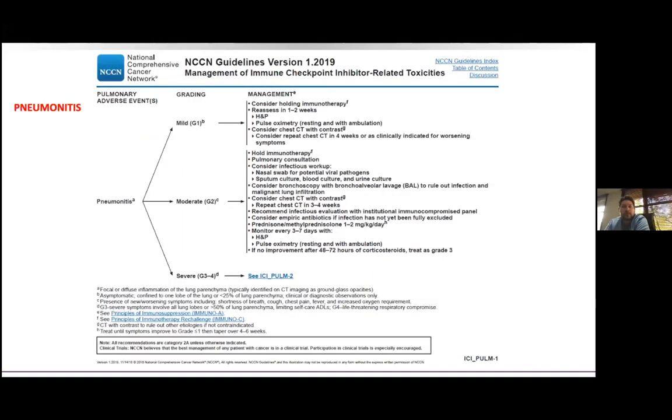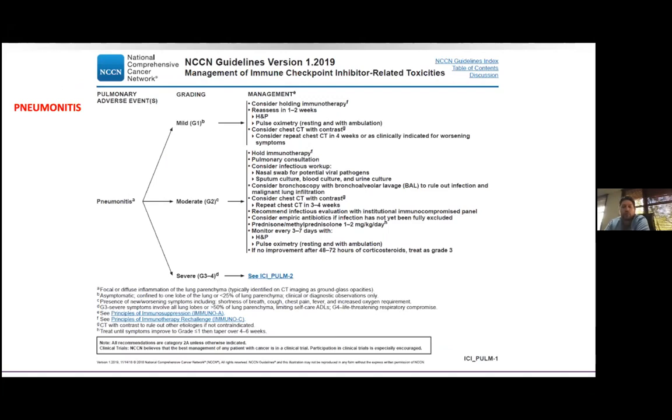A pneumonitis is to be taken seriously, and even with grade 1 changes, consider holding immunotherapy. Once you've got your CT chest and you've confirmed a pneumonitis, you hold immune therapy, and these patients are not necessarily to be re-challenged.